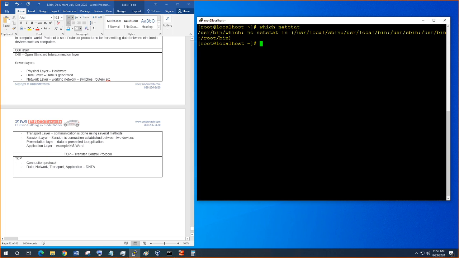Which netstat? Okay, so what I'm going to do is download a utility that will show us the protocols which are running right now.